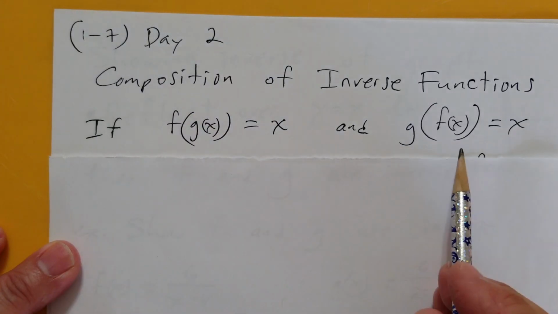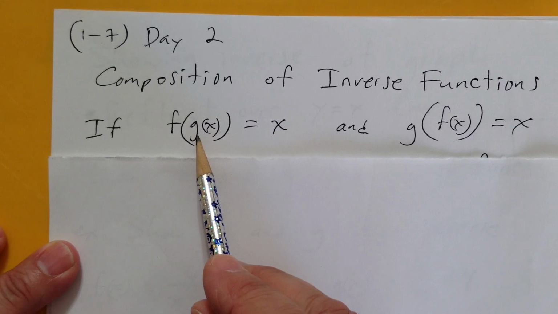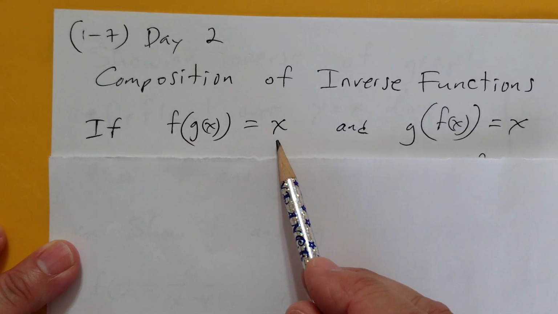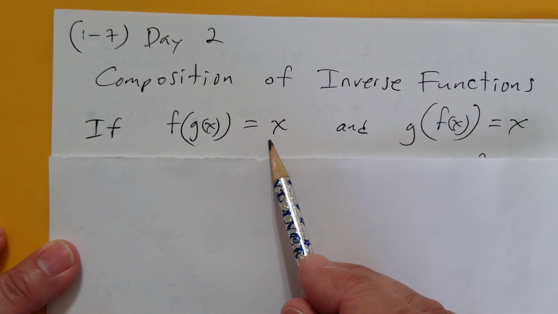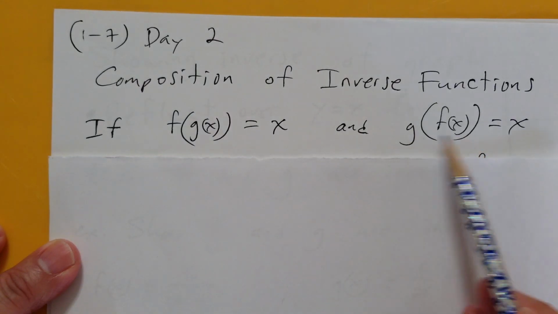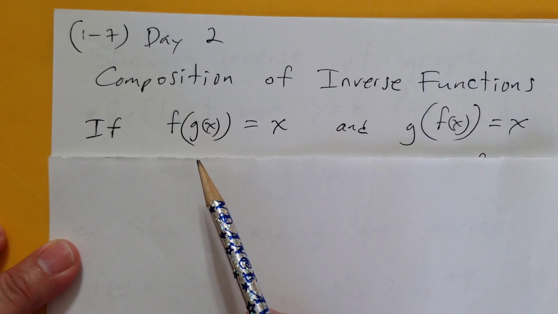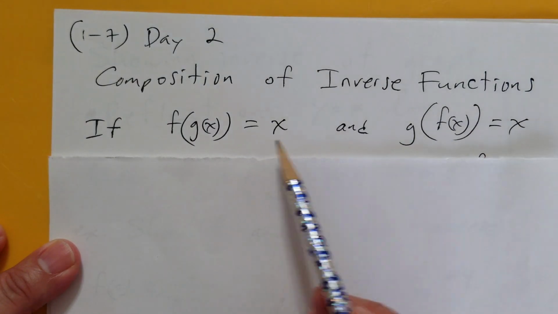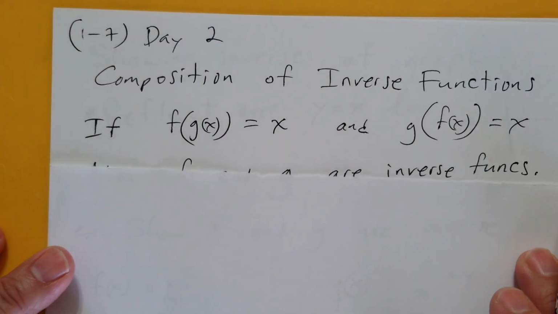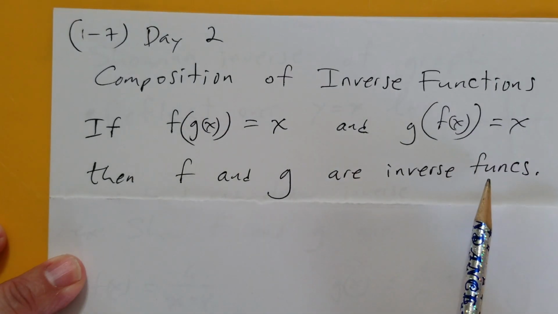So if you do a composition of two functions, and everything cancels, and you're left with just x, then you're dealing with inverse functions. And it doesn't matter which way you do it. If you do the first one into the second one, or the second one into the first one, you will get x in both cases. You will see the example.